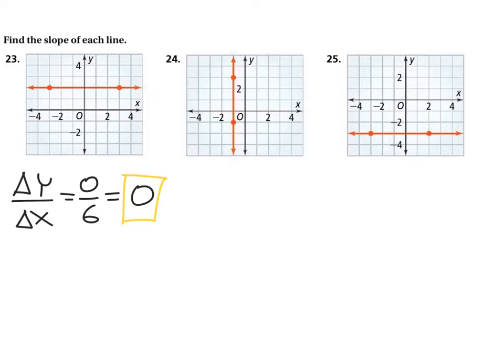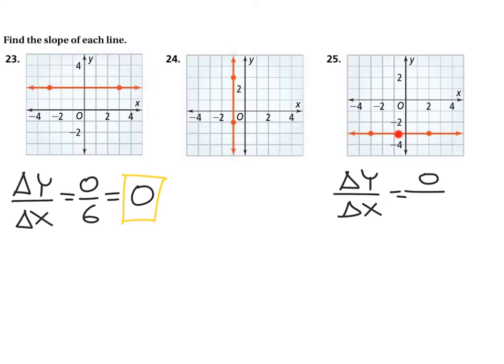Let's just think about that. Always, for example, on number 25, we're going to have a 0 increase in our y. We're not going up from this point to get to the other point. We're simply going left, right. So in this particular case, and I'll just do this out of order because we're already here, if we had delta y over delta x, change in y over change in x, the change in our y is 0 over what's the change in our x?